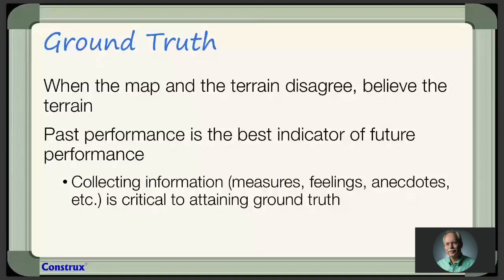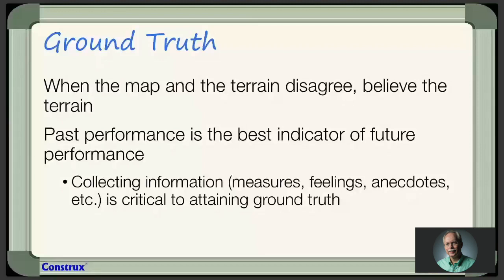And the way you work on the next unique project is going to be similar to how you worked on the previous unique project. That's the way you work. So your past performance on unique projects is going to be a really good indicator on the next unique project. So we have to collect that information. We have to create some sort of collection to say, how do I understand that past performance to help me understand the future performance? And that's the way to connect up and have that ground truth.